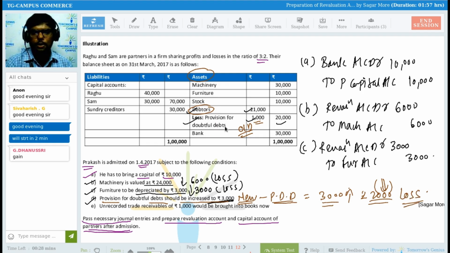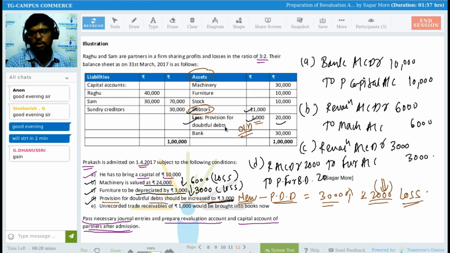And which entry I need to pass for this? Loss we always have to debit. Revaluation account debit to provision for bad and doubtful debt, and the amount is 2,000 rupees. Have you understood how I got 2,000 rupees?